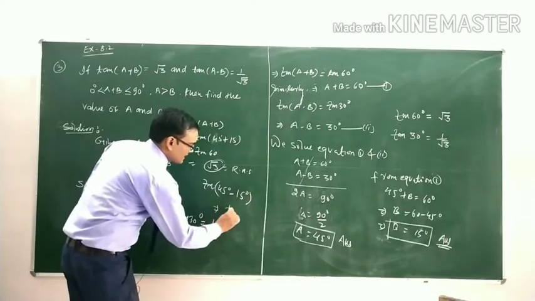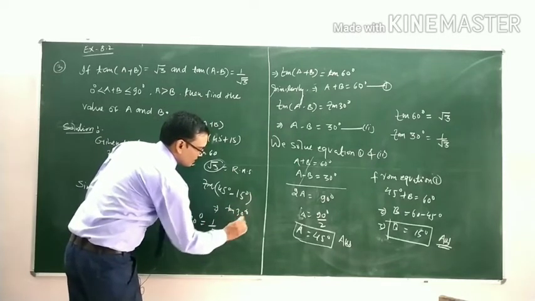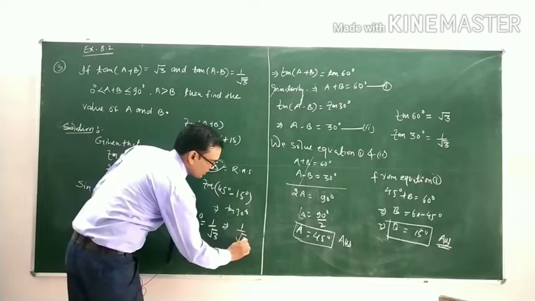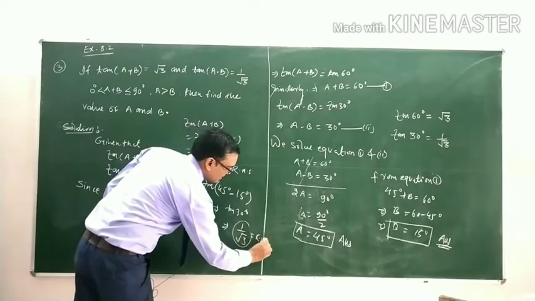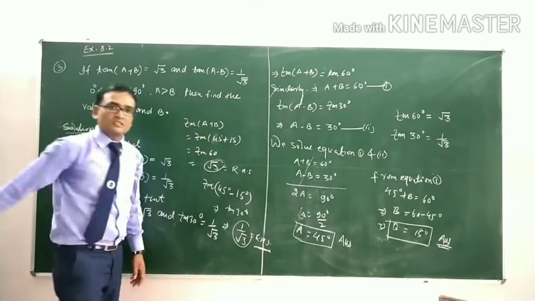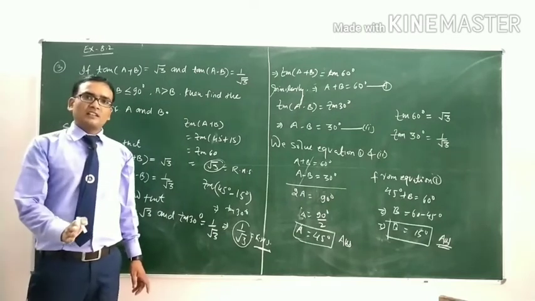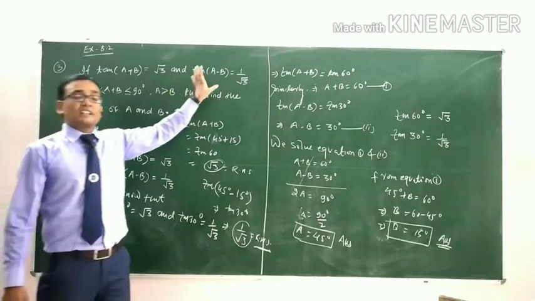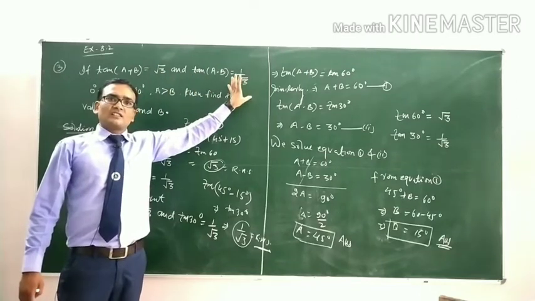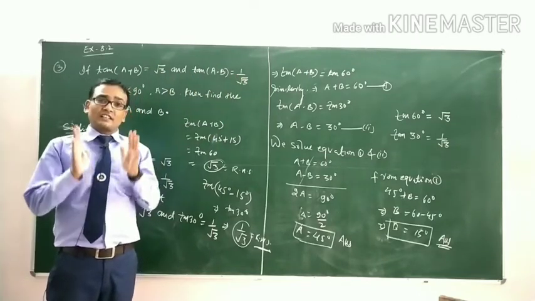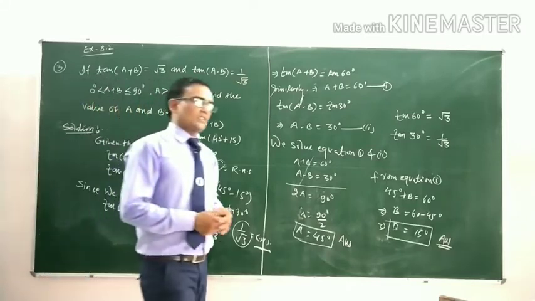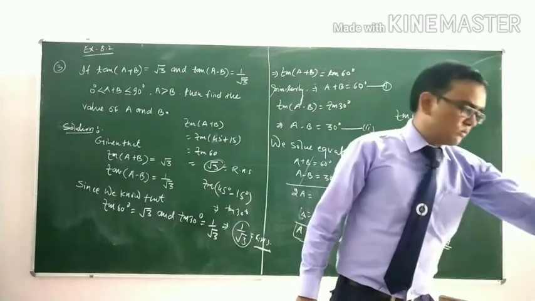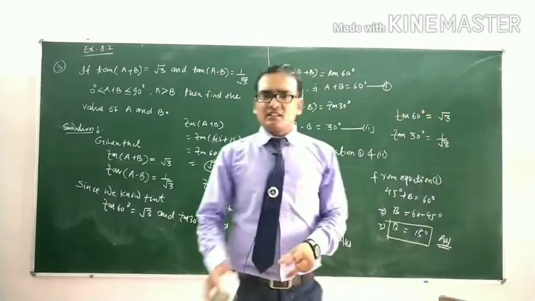This implies tan 30 degrees. What is the value of tan 30? 1 upon square root 3, which is the right hand side. That means the values of A and B satisfy equation first and equation second, so our answer is correct.